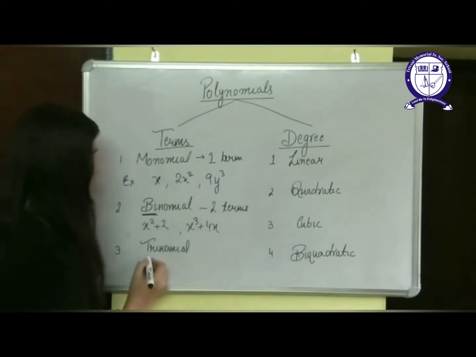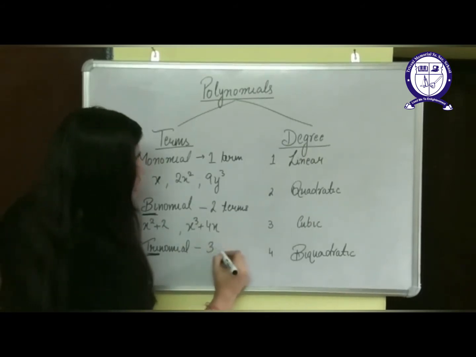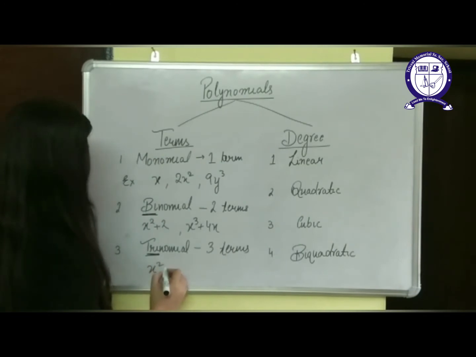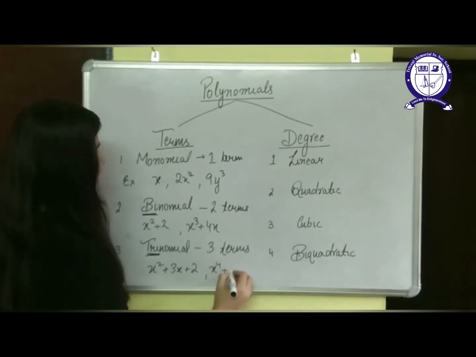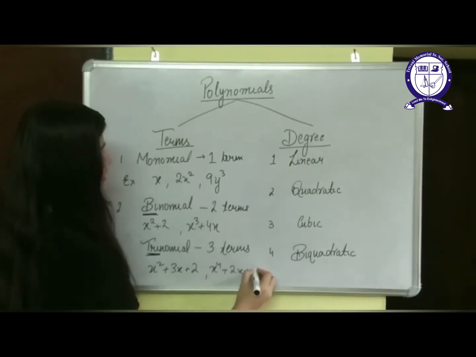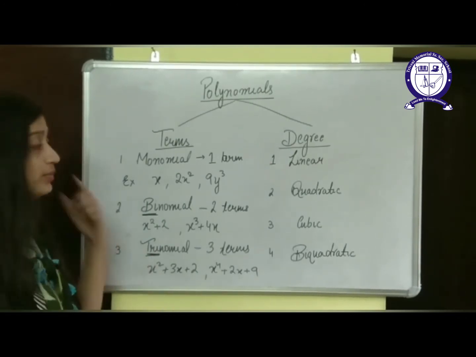Now trinomial. Tri itself means 3. So it has 3 terms. For example, x square plus 3x plus 2 or x4 plus 2x plus 9. These are examples of trinomial.